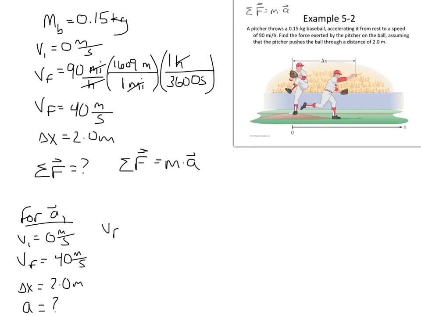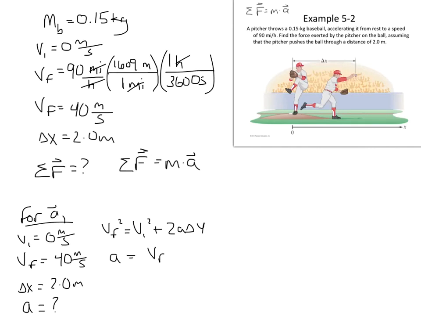Well, we know that final velocity squared equals initial velocity squared plus 2 times acceleration times our displacement. So our acceleration is going to be, let's see here. We're going to subtract the V initial squared over, right?